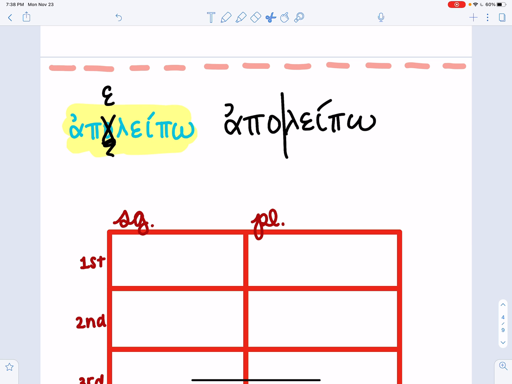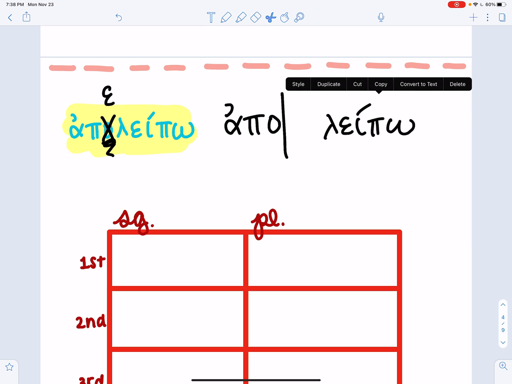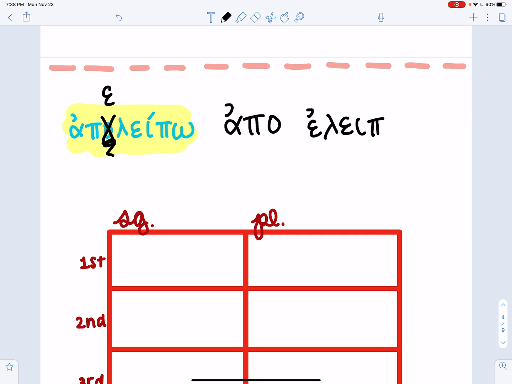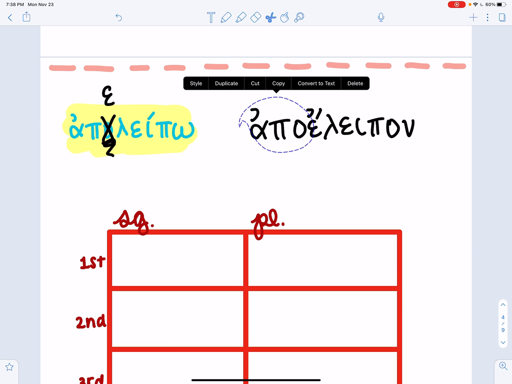Now think of this as 2 totally separate words, just for the time being. Normally, we would just add an epsilon on the front, and then change our ending. So now we have apa elepon. But because these 2 are combined, we've got to do something to be able to combine them, because we can't have apoelepon, right?